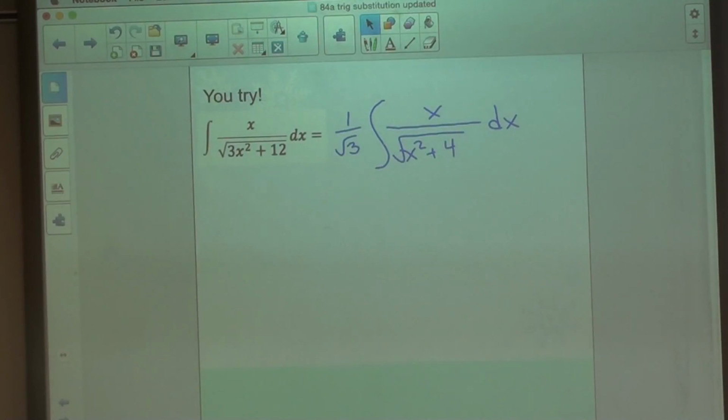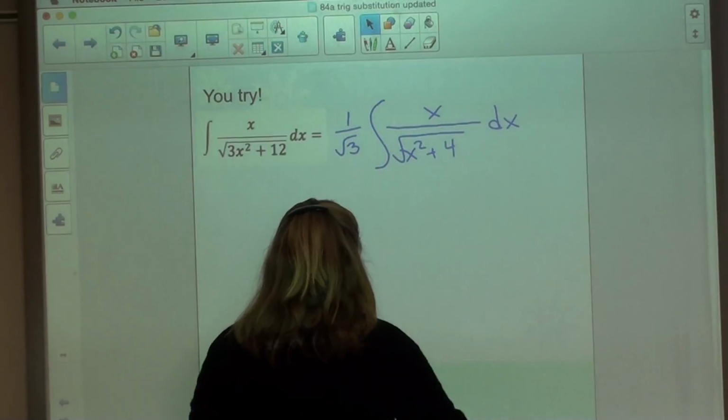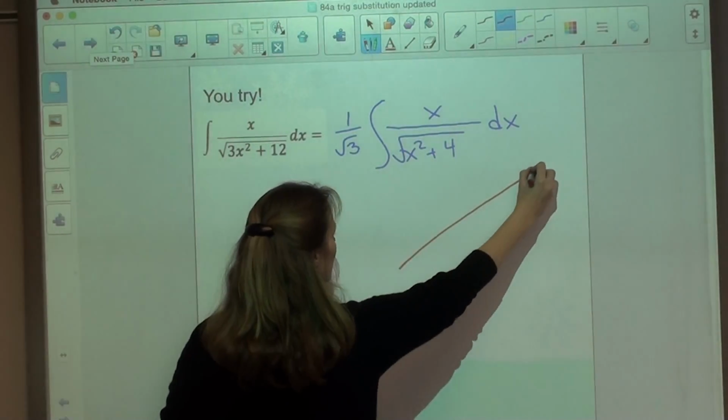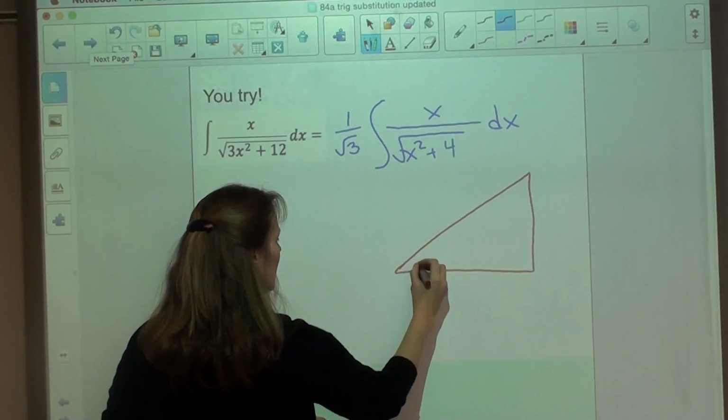But then you still have to replace it. Oh, I could! Because it's opposite.